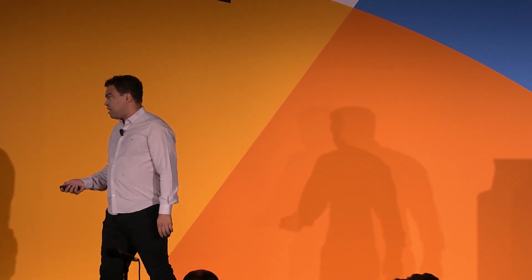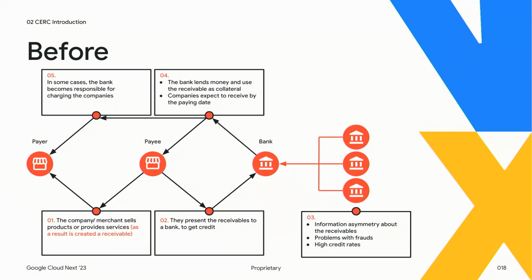The first step: a receivable is created between companies. Someone provides a service and creates a receivable to be negotiated. The company presents the receivable to a bank to ask about credit, and here we have problems because banks want to understand more data related to receivables, but they don't have data.